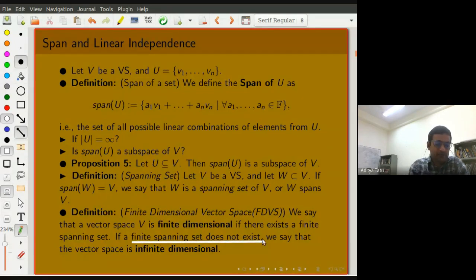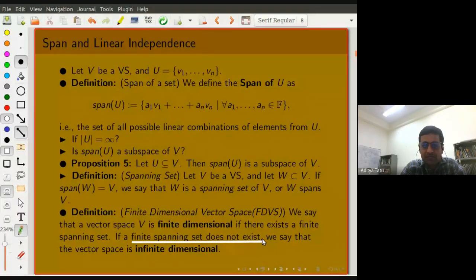Once again, let me make it clear. If there is a spanning set which has an infinite number of vectors, that does not necessarily imply that the vector space is infinite dimensional. If there is no finite spanning set of that vector space, then that vector space is said to be an infinite dimensional one.